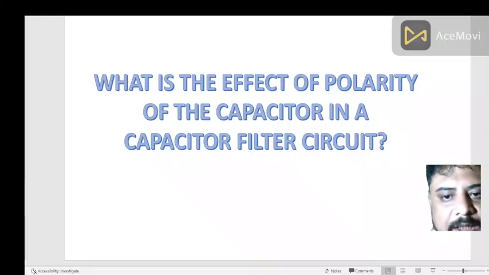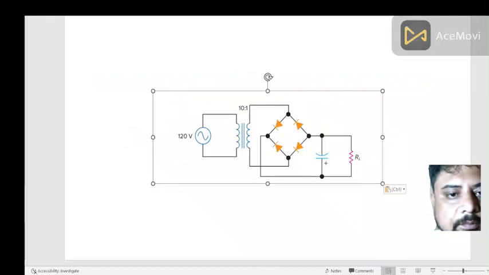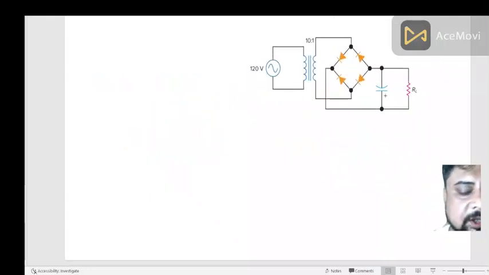Now let me show you a diagram. Again, it is a full wave rectifier that I showed on the last page. Again, you have a 120 volt AC supply and a 10:1 transformer.